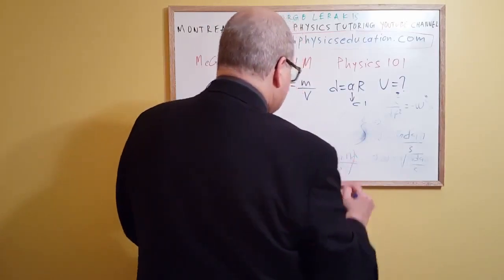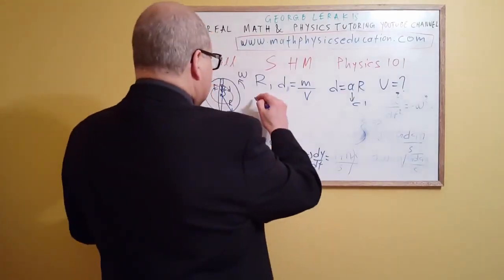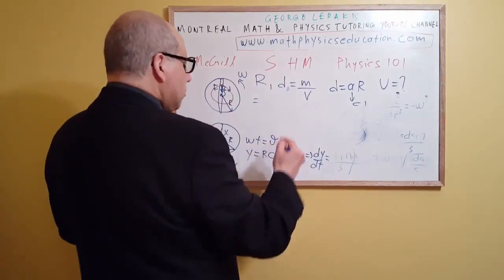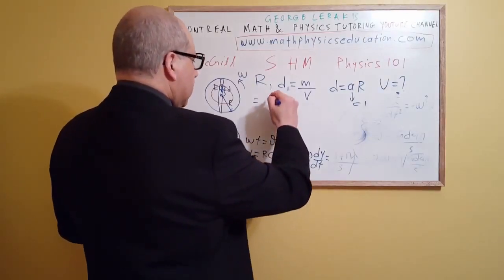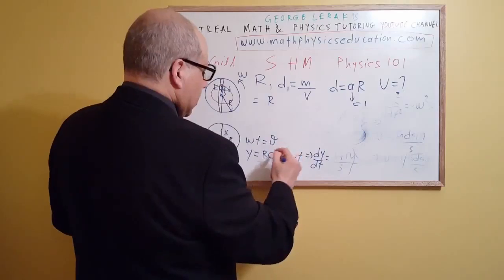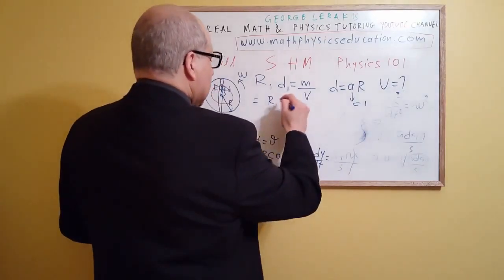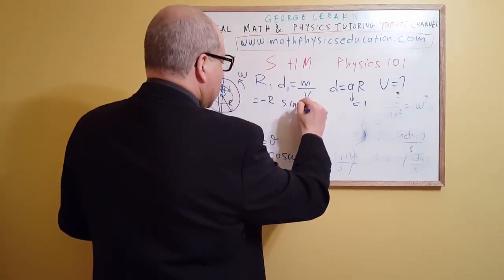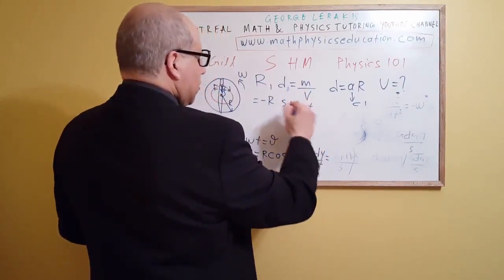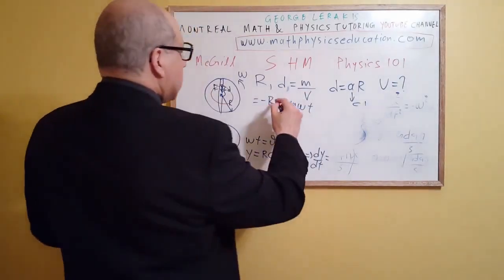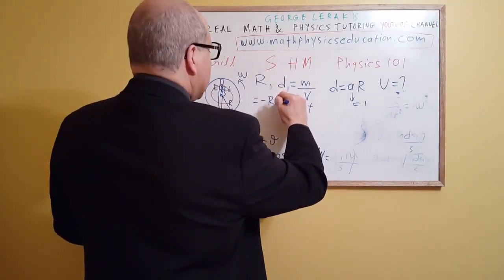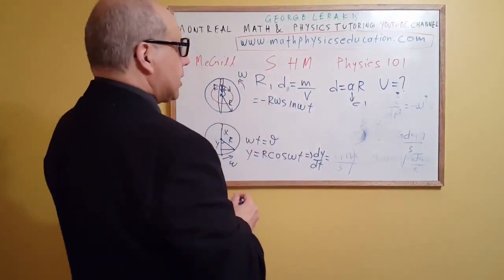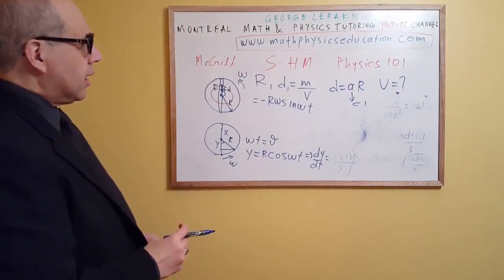It is equal to r times the derivative of cos, which is negative sine, so we put the negative here, sine omega t, and because you have to use the chain rule, you have another omega here. So dy over dt is equal to minus r omega sine omega t.